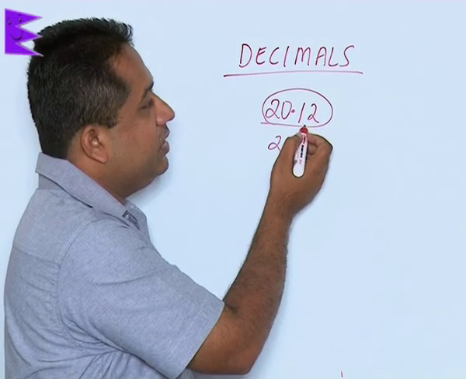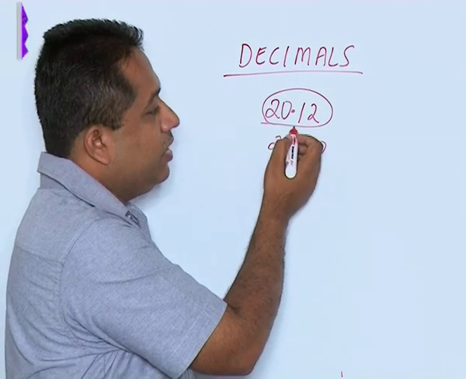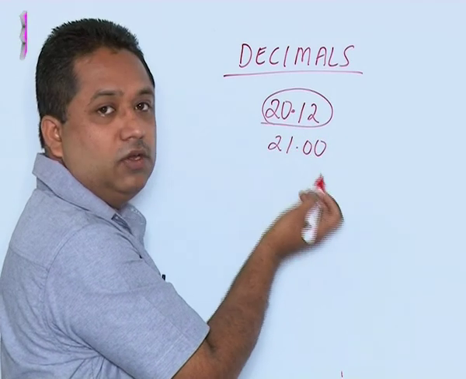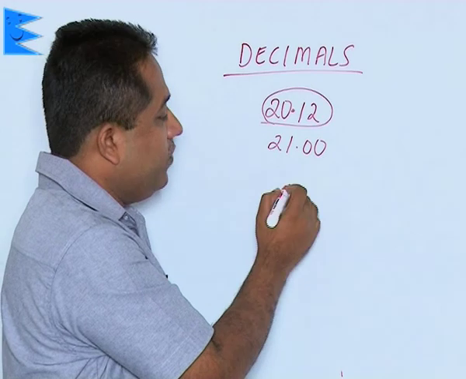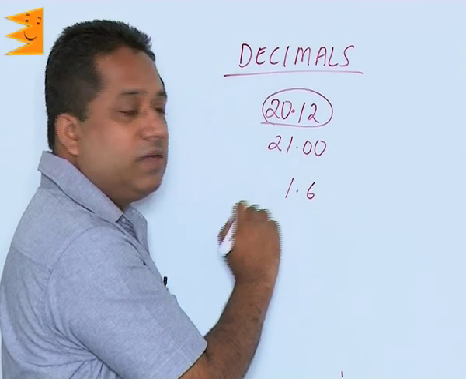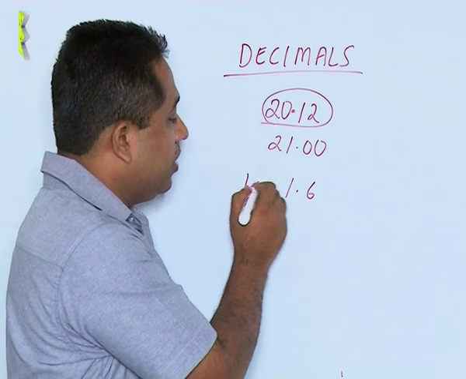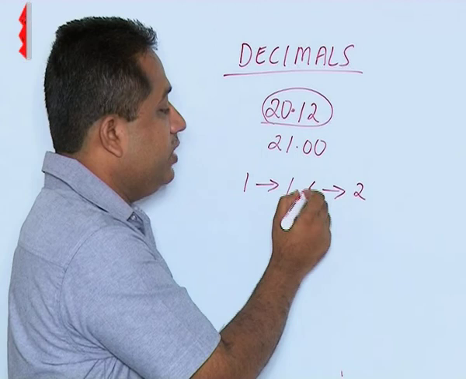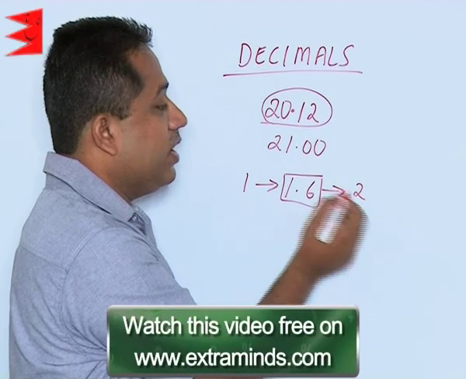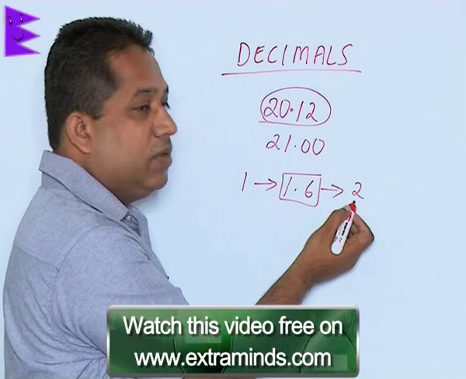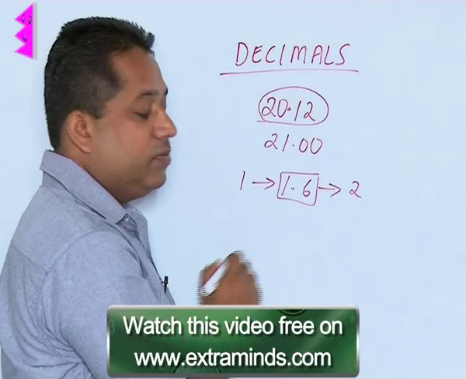So, a decimal is actually a way to express a number between two whole numbers. If we have, let us say 1.6, we can say that this number is somewhere between the whole number 1 and the next whole number, that is 2. So, 1.6 lies somewhere between 1 and 2. There will be infinitely many numbers lying between two numbers, and those can be in decimals.